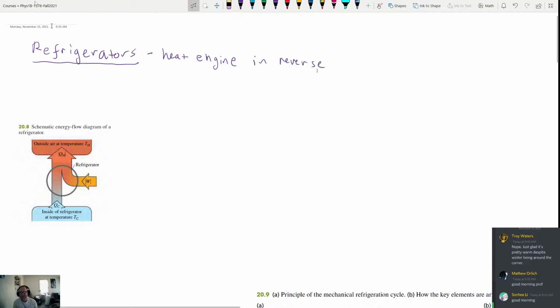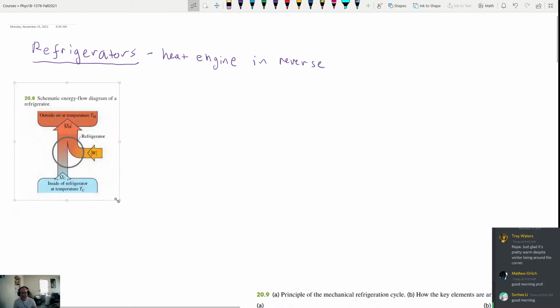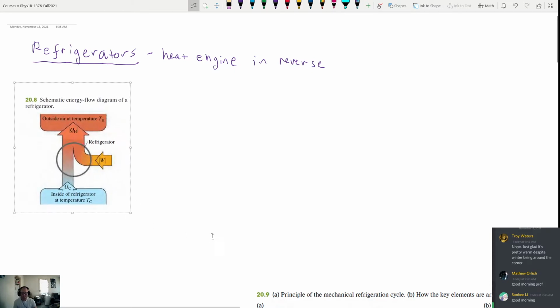And over here on the left is kind of an energy flow diagram similar to what we had for the heat engine. And so over here you have the inside of the refrigerator, which is the part that you want to keep cold. And from the inside of the refrigerator, you're having some heat QC that is coming out. You're basically pushing it. It's taking in this heat and it's taking in work, and then it's using that to output heat into the outside air.